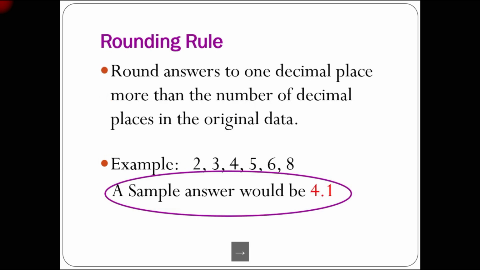Okay? So, we have here a rounding rule. Round answers to one decimal place more than the number of decimal places in the original data. For example, we have 2, 3, 4, 5, 6, and 8. A sample answer or average ng data na to is 4.1. Okay. So, it's okay din naman if 2 decimal or 3 decimal.